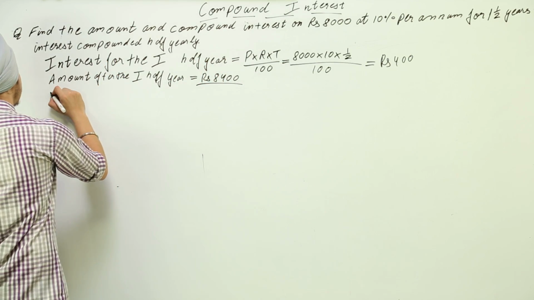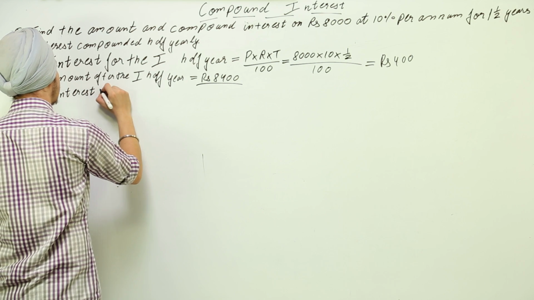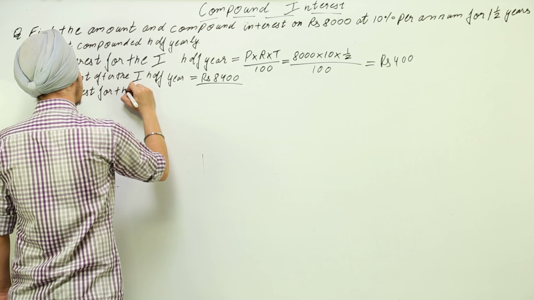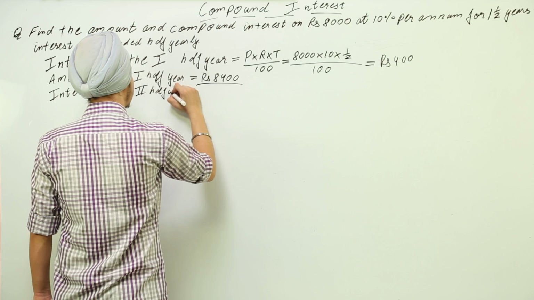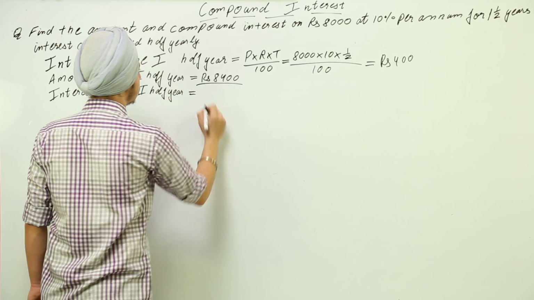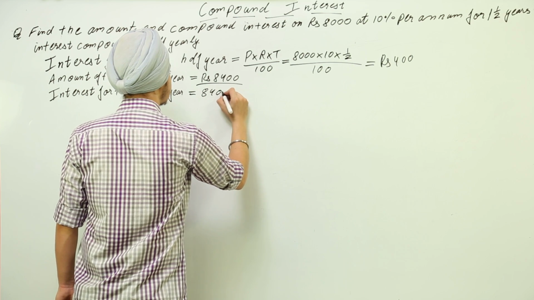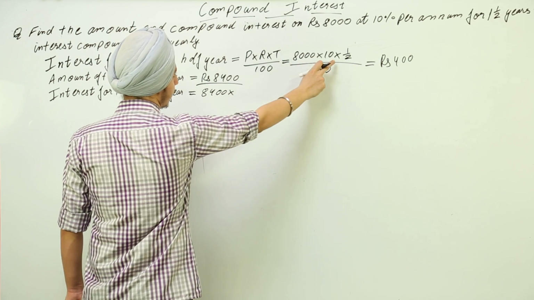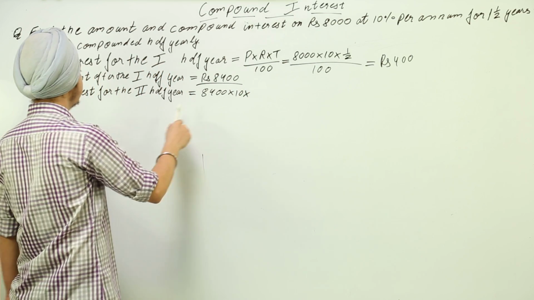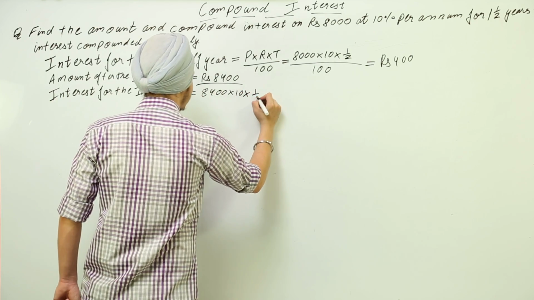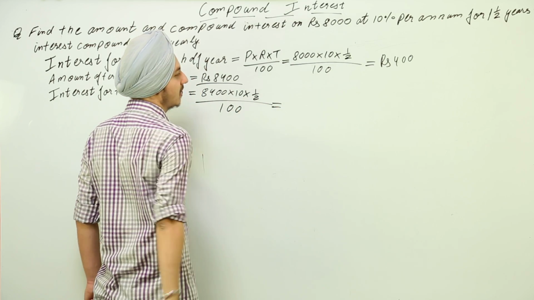So we have the interest for the second half year equal to, this is the principal, 8400 into the rate, that is 10, and again the time is half year, so time is 1/2 divided by 100.